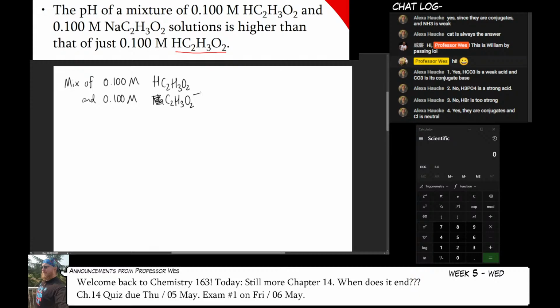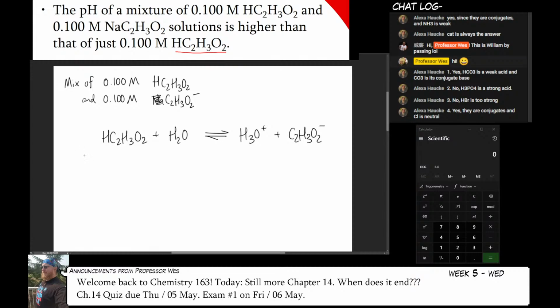So what I'm going to do is I'm going to write the reaction for the weak acid. I've been always putting the H2O first, so let's do that this way. Okay.